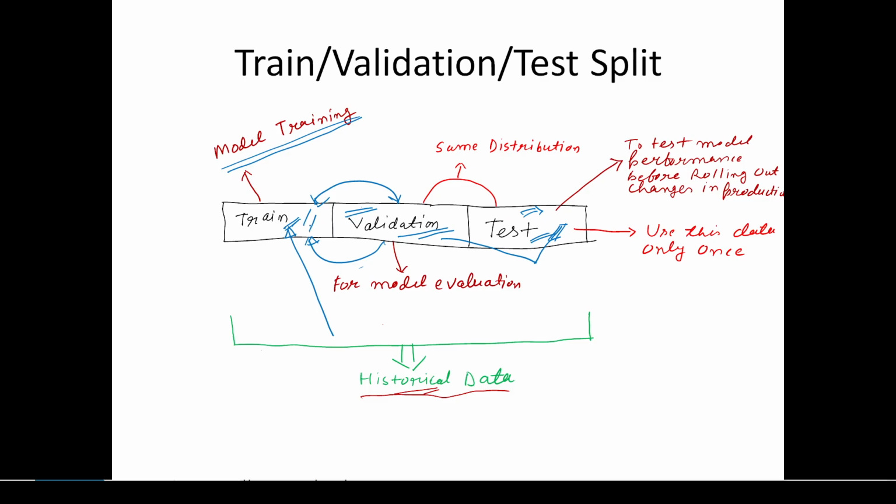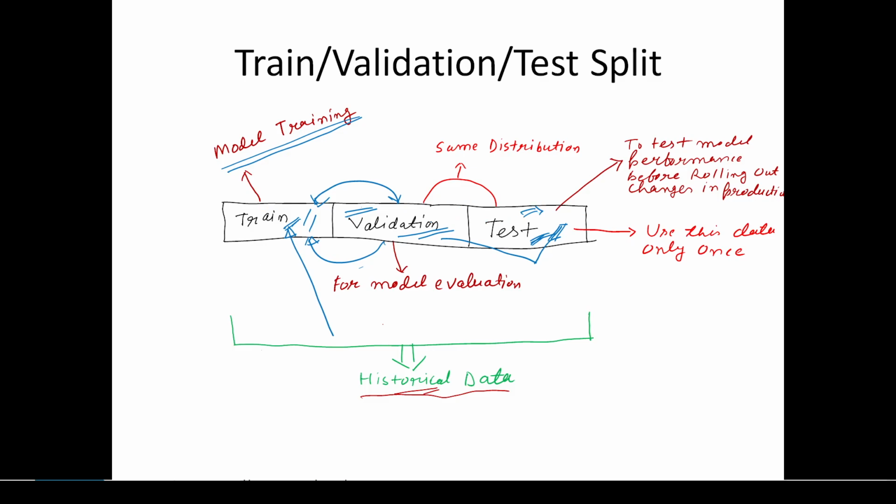And my training pipeline has not looked into the test data. But here one very important thing is that validation data has been used multiple times in my training evaluation cycle, right? So in some way I have looked into my validation data to improve the performance of my model, right? But test we haven't looked at, and this data would be used only once in the entire cycle.